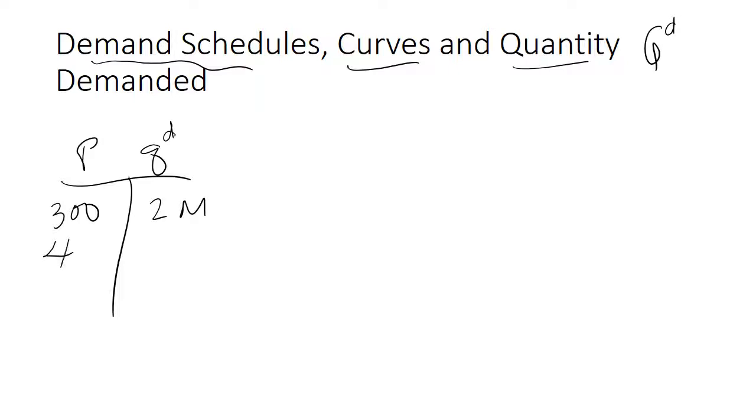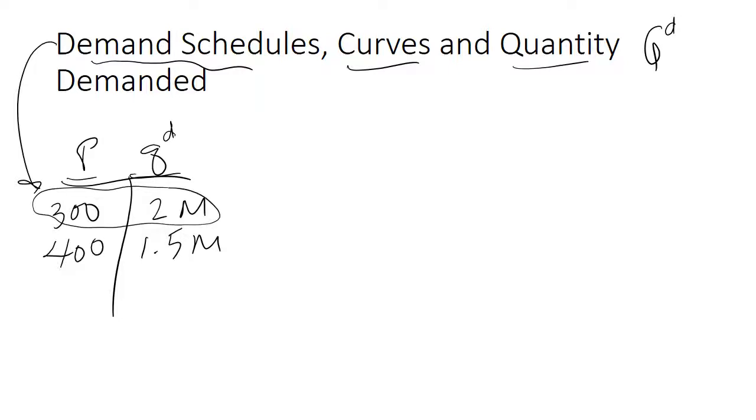However, if watches go up to $400 a watch, you might find that there are now only 1.5 million people who are interested in that watch. This is essentially a demand schedule, and it is showing the relationship between P and Q, quantity demanded in this case. Now, of course, each of these represent a data point that you could turn around and graph.